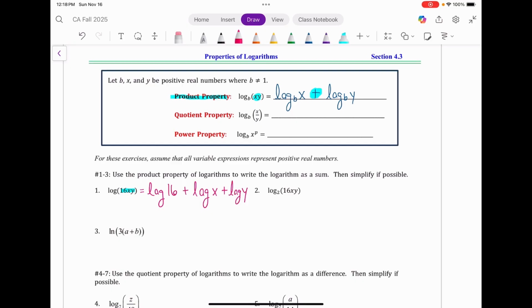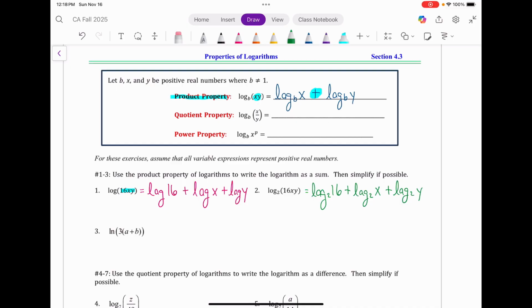The next one, number 2, we can separate similarly into 3 logs, but they're all going to have base 2 instead. So log base 2 of 16 plus log base 2 of x plus log base 2 of y.